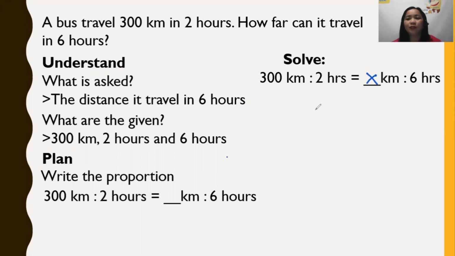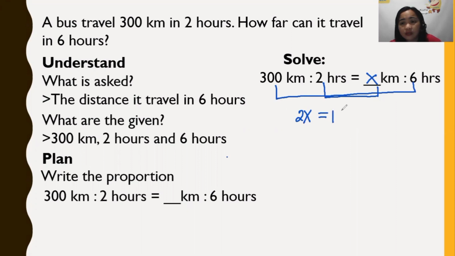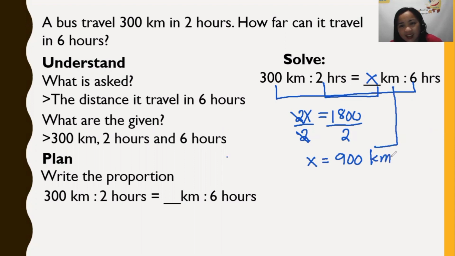Now, let's solve for the missing terms. Ito, kung gusto natin yung may x muna, we have x times 2 is 2x. And then we have 300 times 6 is 1,800. Now, we need to get the value of x, so we need to divide both sides by 2. So, cancel. So, x is equal to 900 kilometers.